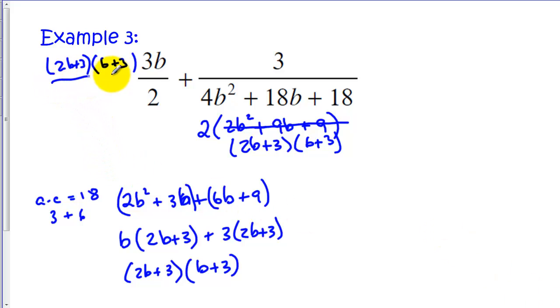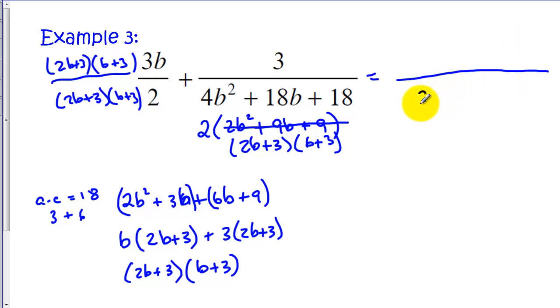And remember, we have to multiply the bottom by the same thing. So now we have to simplify across the top. On the bottom, we've got our common denominator.